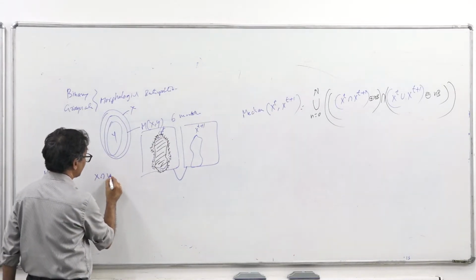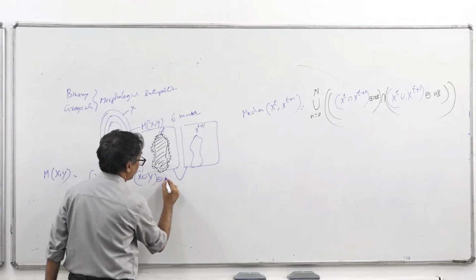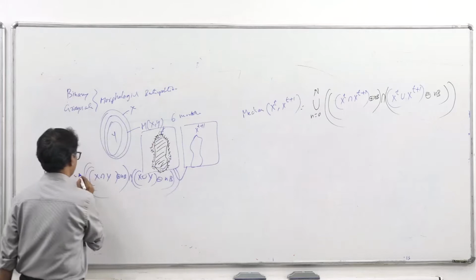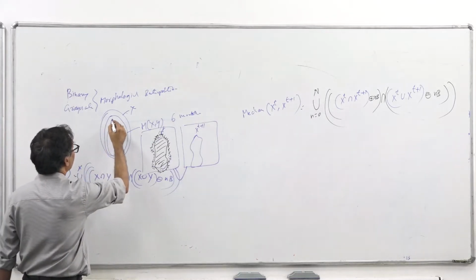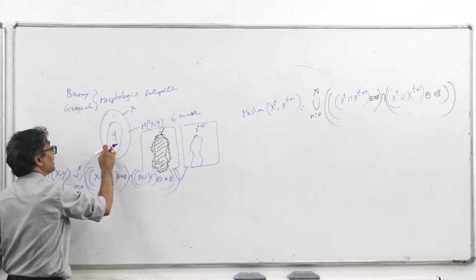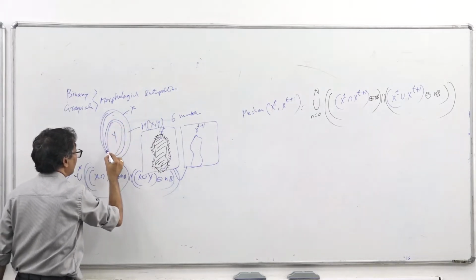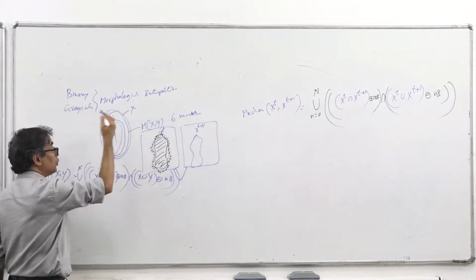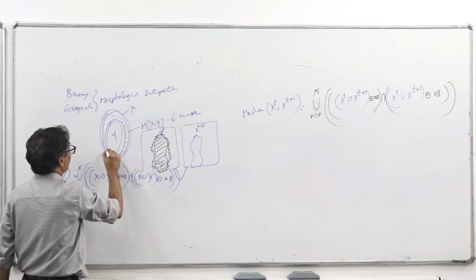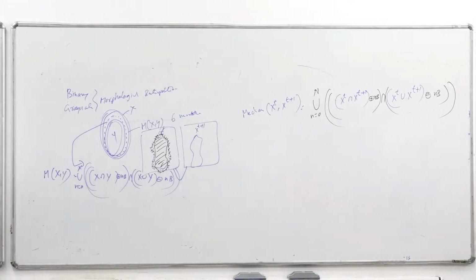Here also we take x intersection y, x union y, and we keep dilating this, we keep eroding this, take the intersection, and then take the union from n equal to 0 to capital N. Typically what you get is the union of x and y is this, the intersection of x and y is this, and this you dilate, and this you erode, and take the intersection, and you do that process for all n values, and they actually meet somewhere here, and that would be the output that you get. So this is for a simple binary case.